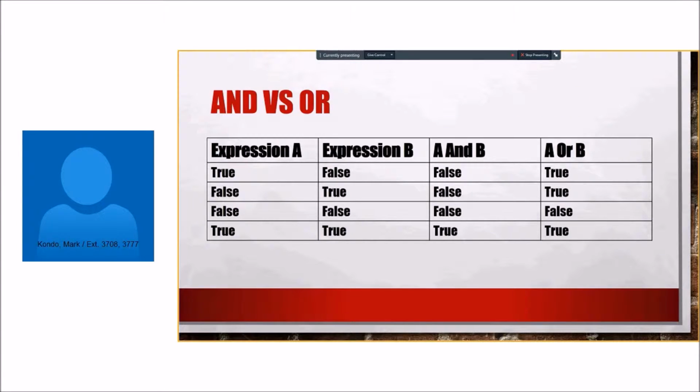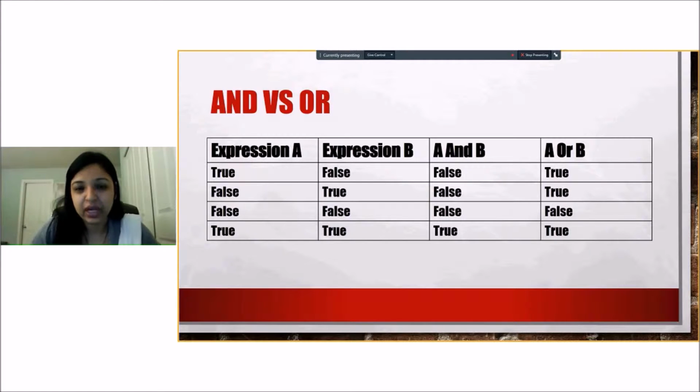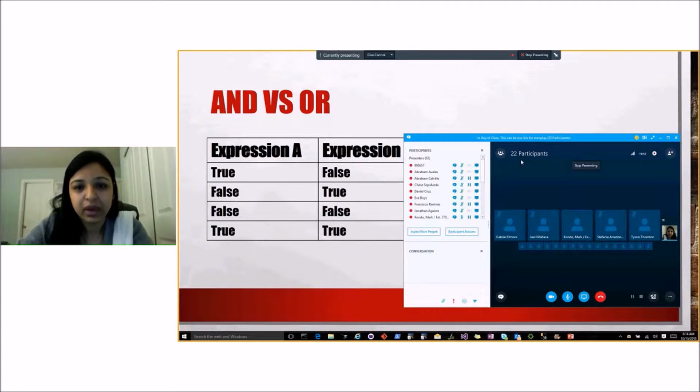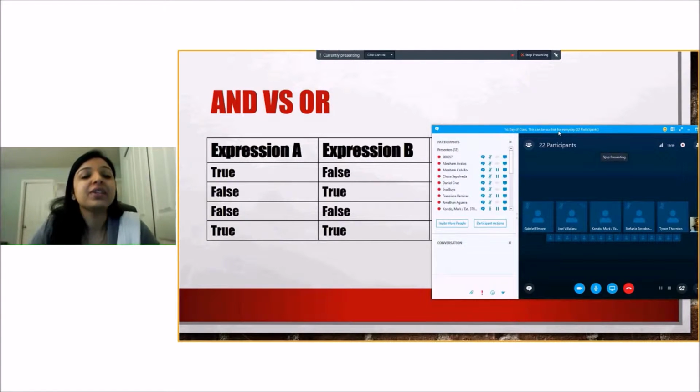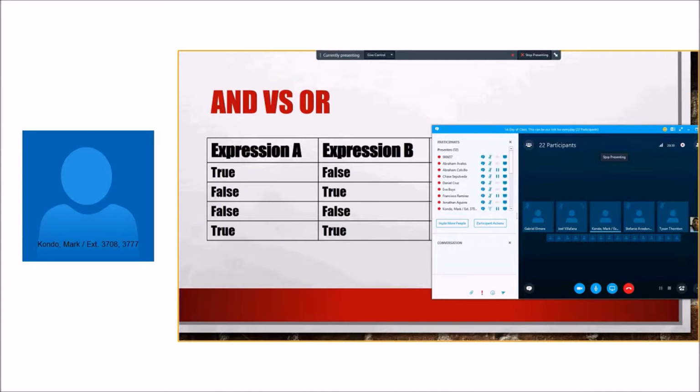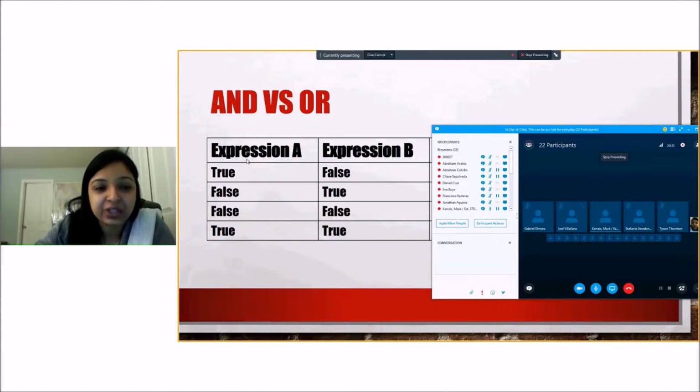So for and expressions, can anybody tell me what will be the result of expression A and B? If I have one expression A as true and another expression B as false, what will be A and B?